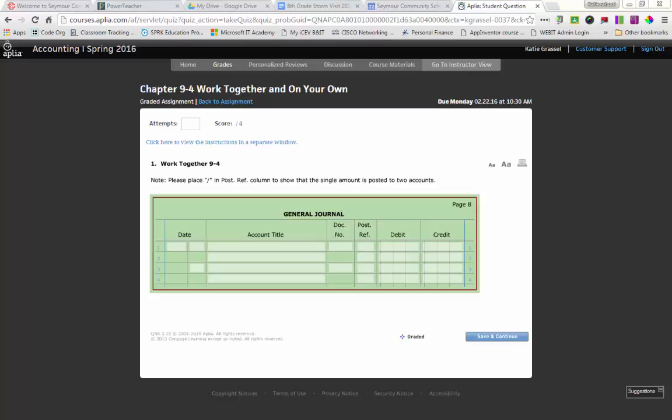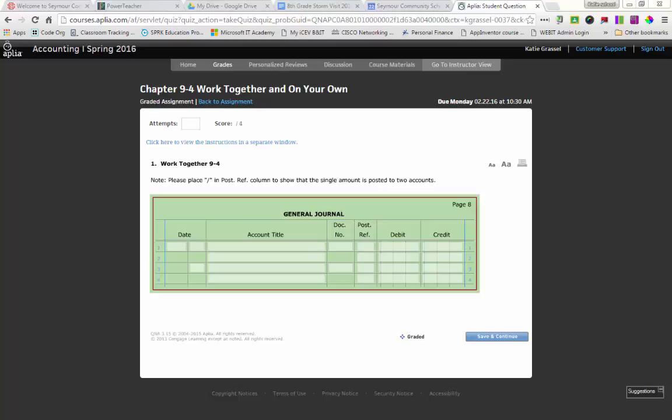And because I'm affecting two accounts, I also need to put a slash in my post reference column, because I have to post to the account accounts payable, and I have to post to the account Don's Quality Market. They are two separate accounts, and I need to make sure they're both posted to. If not, you're not going to be proving when you have to do your work at the end of the fiscal period.